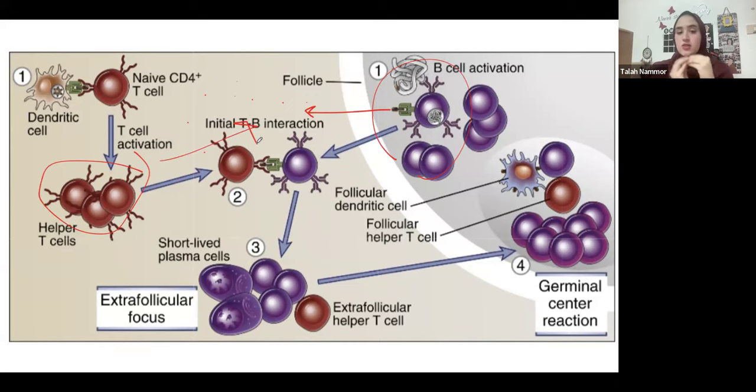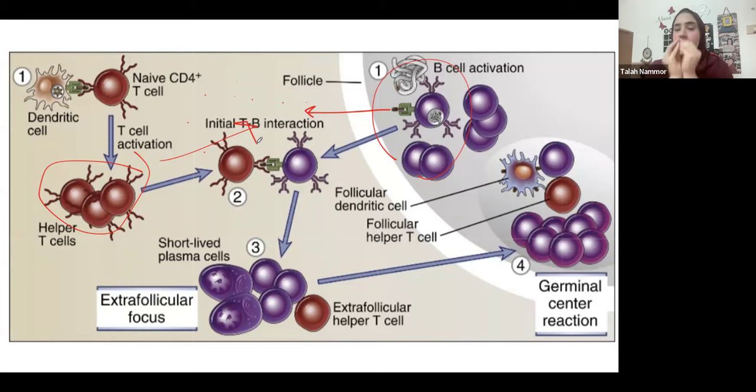Once they meet, that's when the CD40 on the B cell is going to interact with the CD40L on the T cell. And once this happens, this is going to give the B cell the boost we need to go and fight off the infection. How? It's going to trigger the formation of plasmablasts and memory cells. What are plasmablasts?